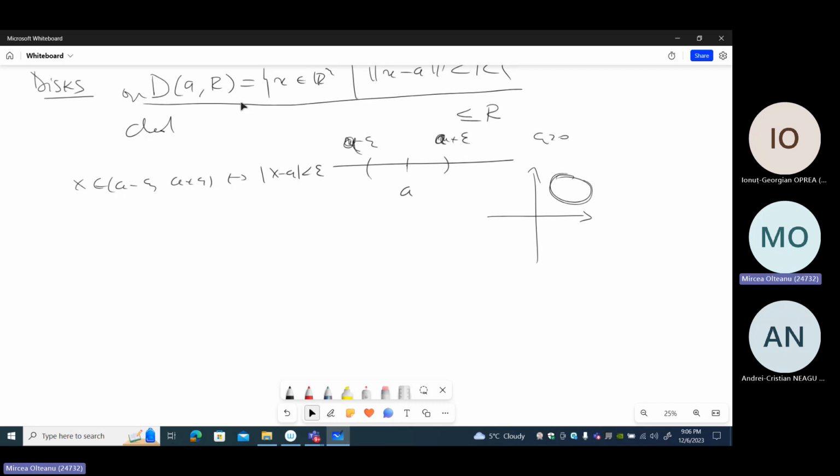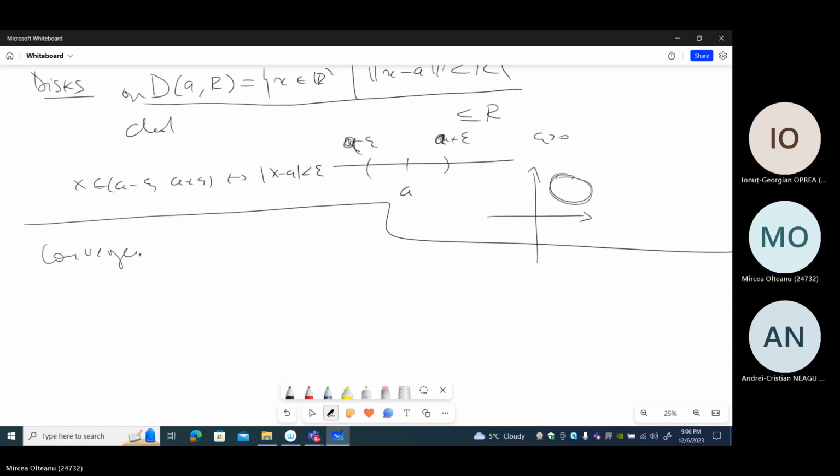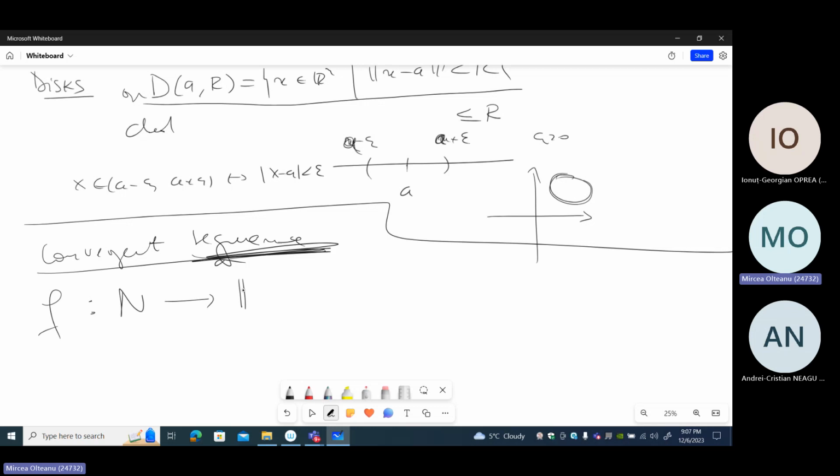This is the idea. So first, the basic notion in calculus is that of a convergent sequence. What does that mean? Well, first of all, what is a sequence? Or a sequence of vectors? A sequence means a function defined on the set of natural numbers taking values in R^n.